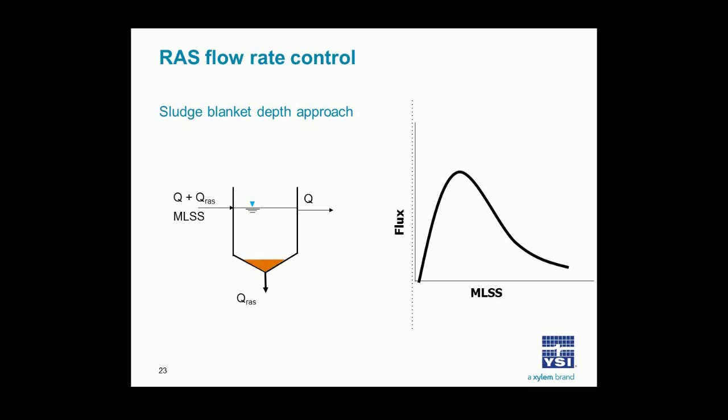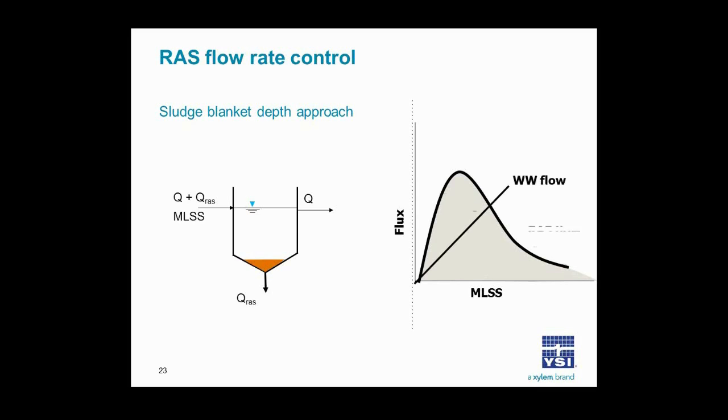Forgive me, this will be something that's more familiar to engineers, but it's a very simple principle to understand. And the idea is that this flux curve defines the quality of your sludge. And the idea is to maintain your operation below the curve.